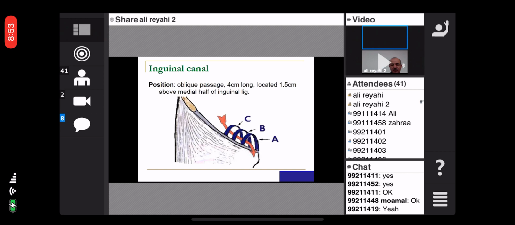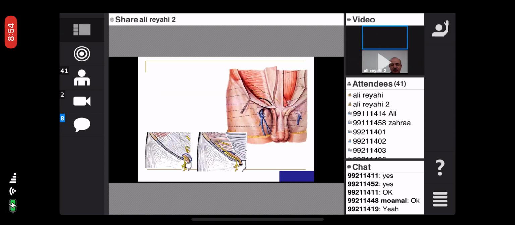This is an oblique canal or oblique passage for the spermatic cord and the round ligament. You can see here, this is the external oblique aponeurosis. If we cut this aponeurosis, we can see the muscle fibers of the internal oblique, and we can see that they surround the spermatic cord. Boundaries of the inguinal canal.